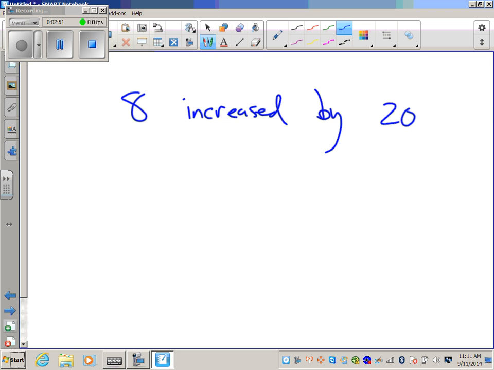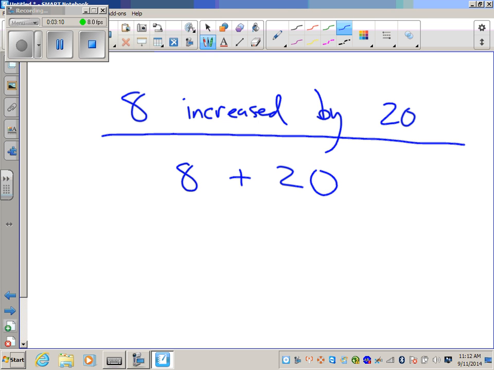Like I had a numerical expression before that said 2 plus 3. 8 plus 20. Did I have to put the answer? Based on what they asked us to put, if it said is 28 afterwards, then I would put equals 28. But if it's just 8 increased by 20, that's all I need to put.